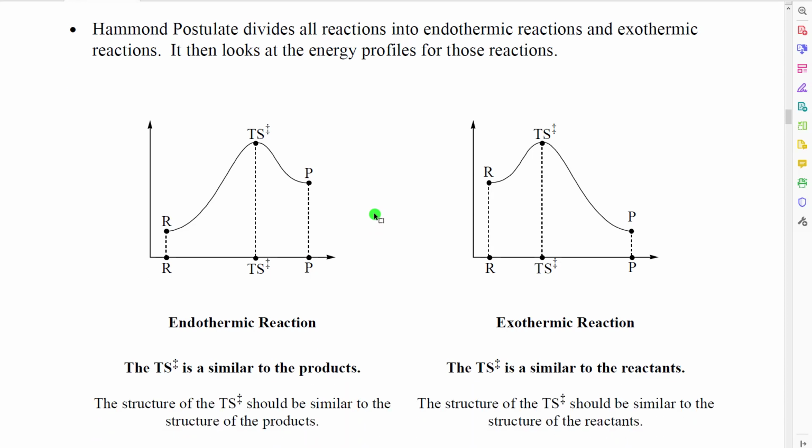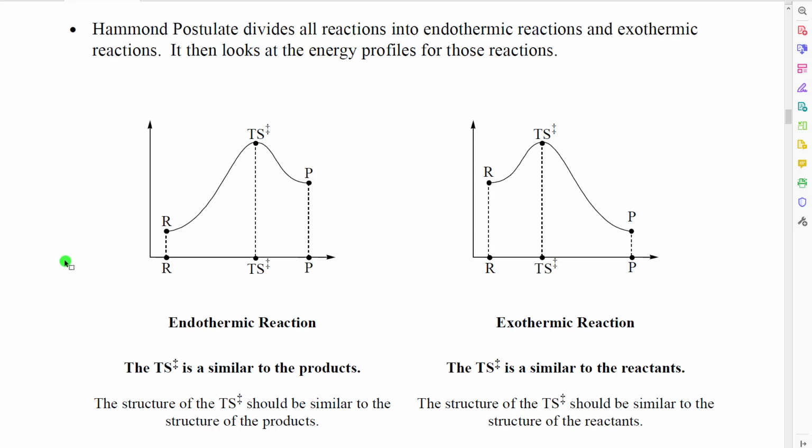What Hammond did was he looked at the shapes of the different reaction energy profiles for a single elementary reaction step. What he decided was that there were basically three different possibilities for these energy profiles.